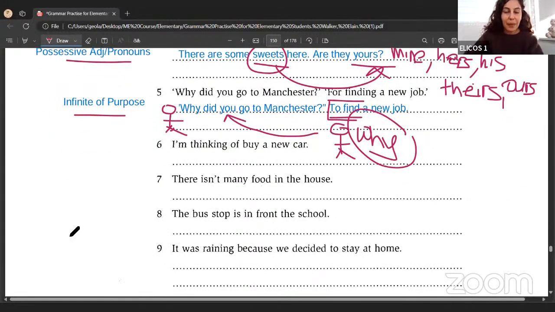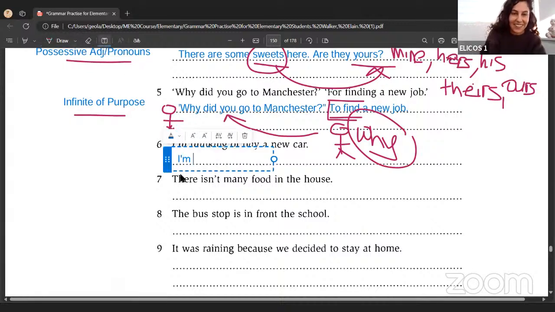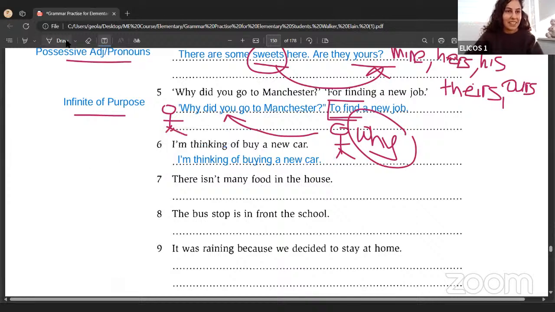Okay, I'm thinking of buying a new car. I actually said the answer accidentally, because I can't read it wrong. I accidentally said it right. So, I'm thinking of buying. Maybe you didn't hear me, but I accidentally said it when I was reading it. So, of buying, what rule was that?